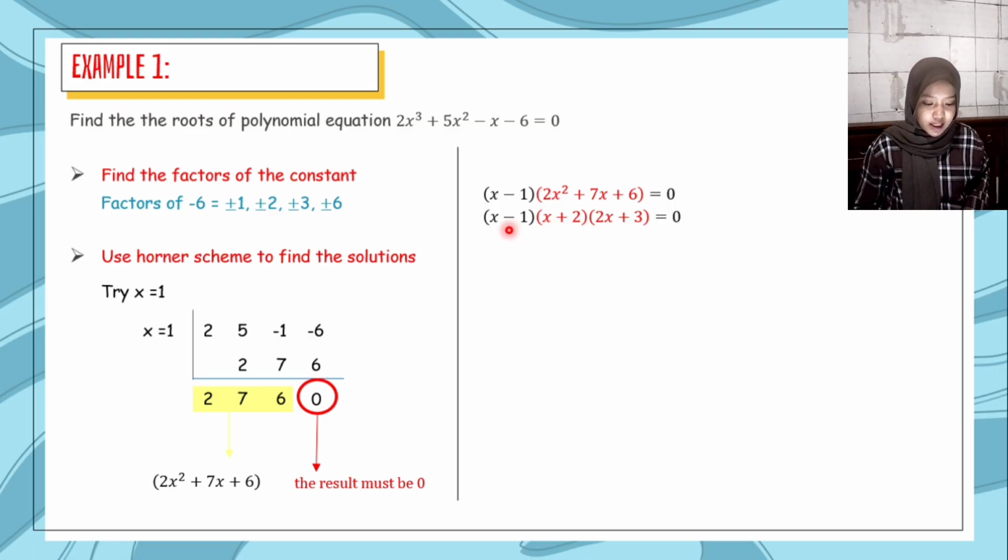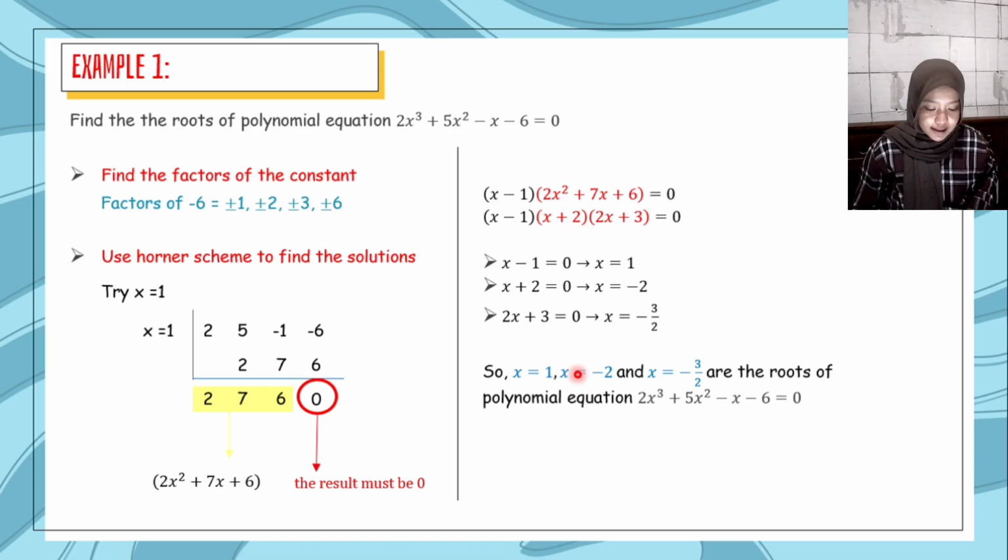So we get x minus 1, x plus 2, 2x plus 3 equals 0. So x equal 1, x equal minus 2, and x equal minus 3 over 2 are the roots of the polynomial equation 2x cubed plus 5x squared minus x minus 6 equals 0.